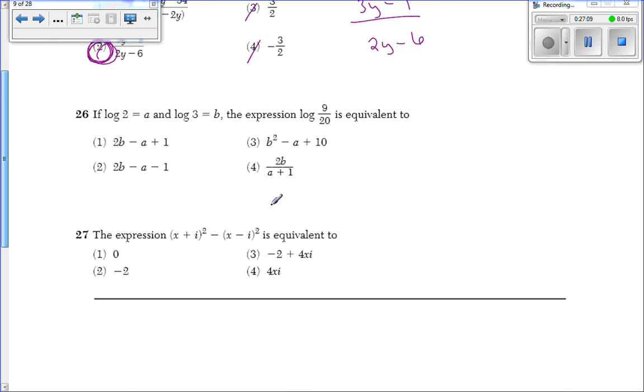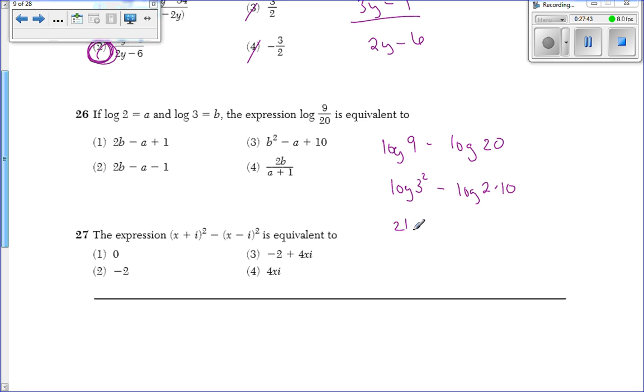Oh, a lonely log question. If log 2 is equal to a and log 3 is equal to b, express log of 9 over 20. Well, first of all, it gives me the log of 9 minus the log of 20, which isn't going to help me. 9 is 3 squared, and then 20 is, let's see here, 2 times 10.